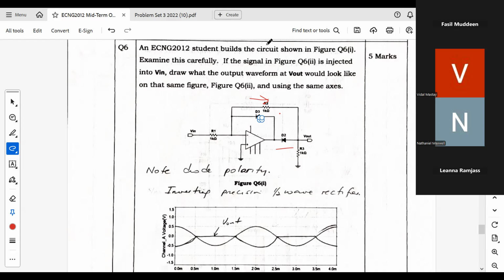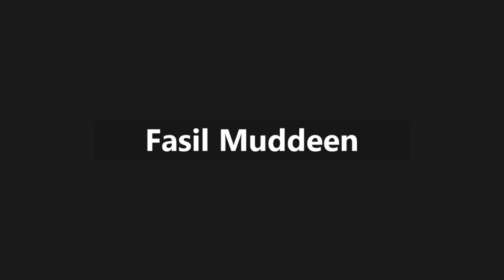Right, so that's that. Let me do problem set 3. Let me just see if I can run through that with you. Just the solutions, which are all in the notes. There we go.